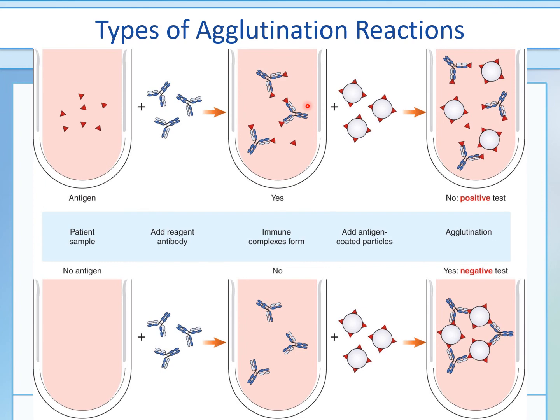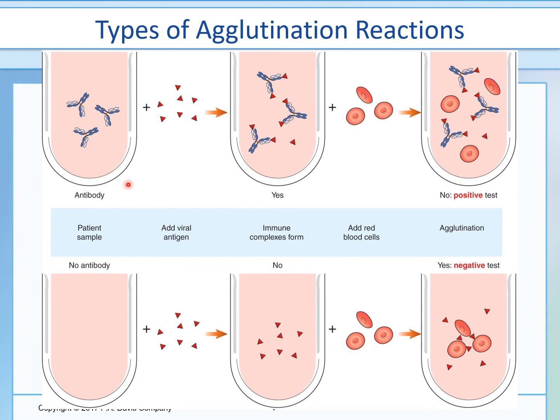So then when the antigen-coated latex particles are added, no agglutination occurs, which indicates a positive test. If no patient antigen is present in the sample, the reagent antibody combines with latex particles and agglutination results, and this indicates a negative test.